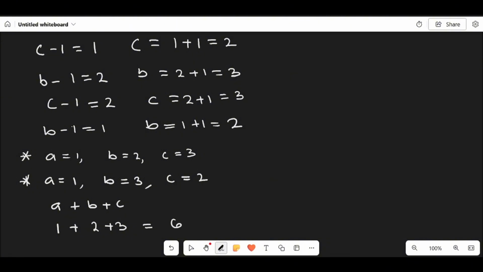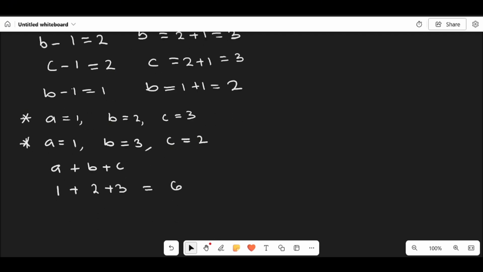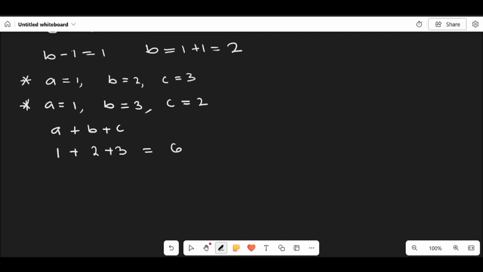Let us verify this works in the original equation. The equation given to us is a plus b plus c equal to abc. 1 plus 2 plus 3 equal to 1 multiplied by 2 multiplied by 3.